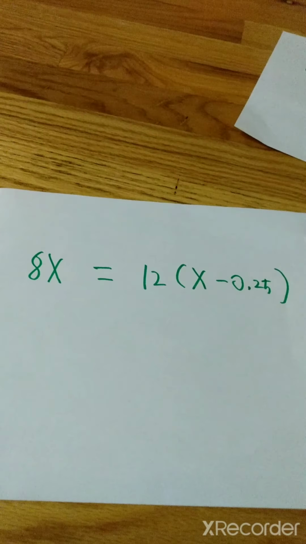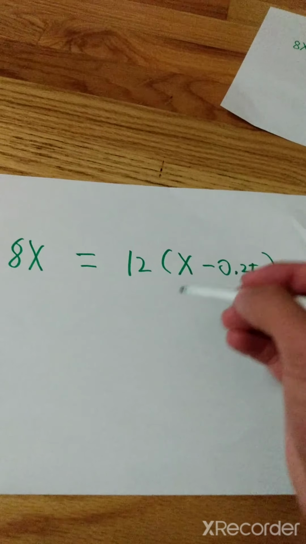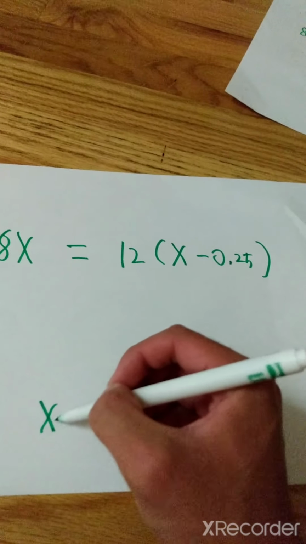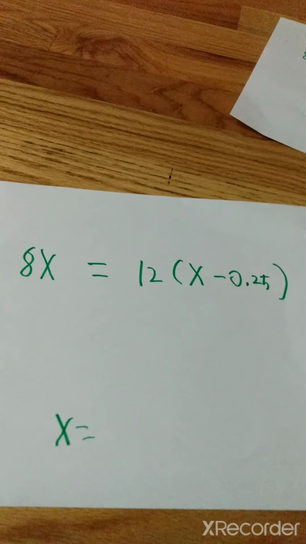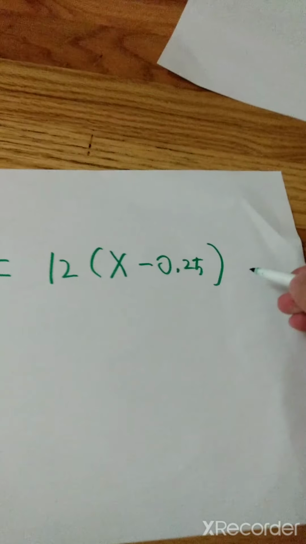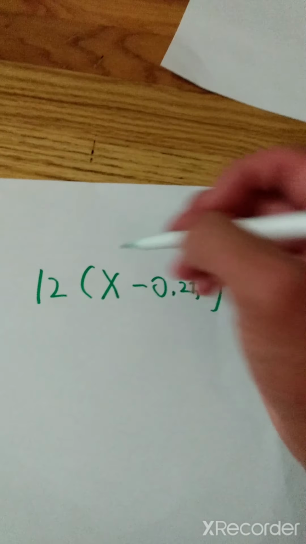So here is our equation that we came up with. In order to get x alone, we're going to simplify this equation. The first thing we can do is work on the varsity team side.